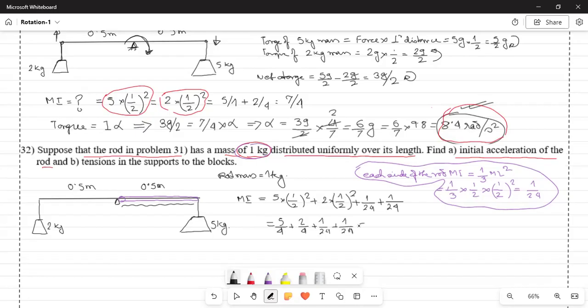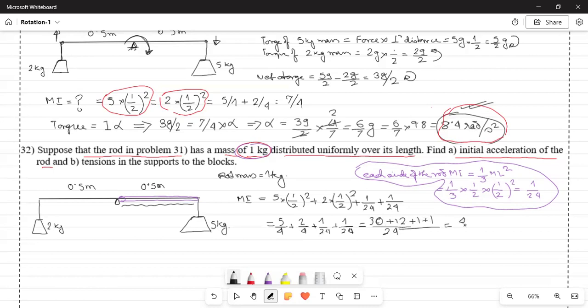If you calculate this, your LCM is 24. 4 sixes are 24, so 6 into 5 is 30, plus 6 into 2 is 12, plus 1 plus 1. This is equal to 30 plus 12 is 42, plus 2 is 44.